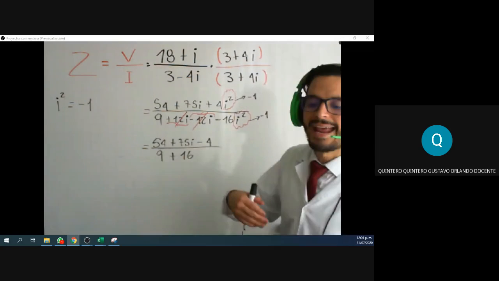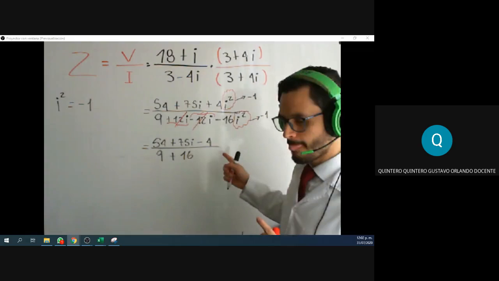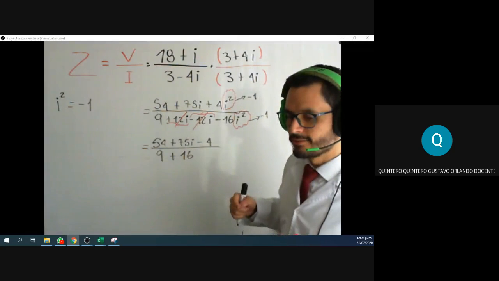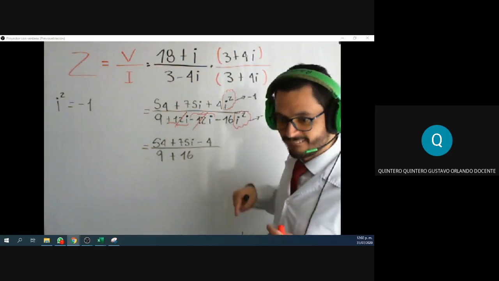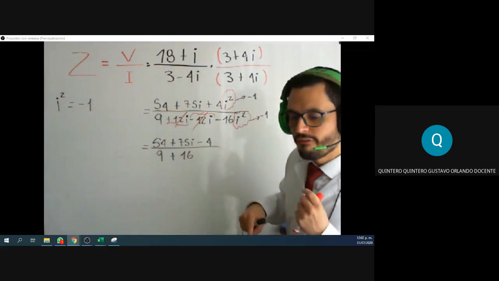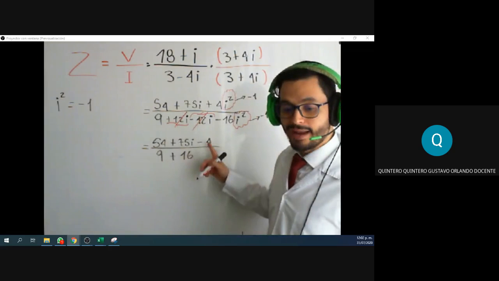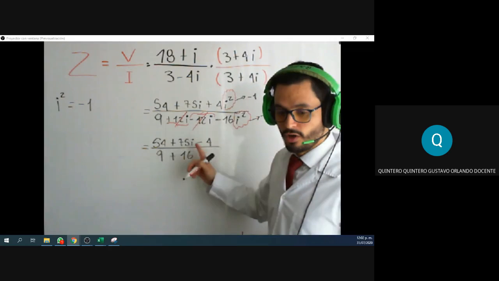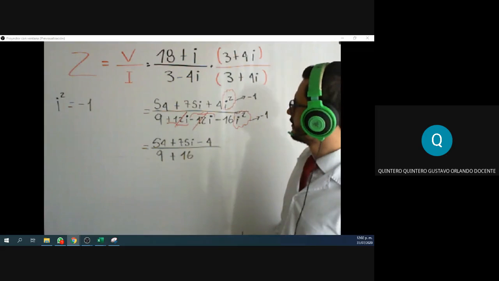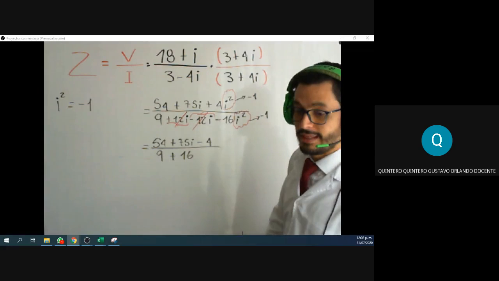From here, we can extend, right? Now, in the numerator, we have a couple of numbers that can be operated. 54 and 4. How did you call those numbers? Like terms.